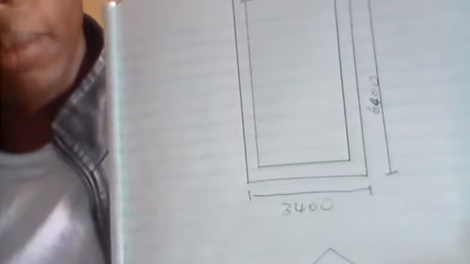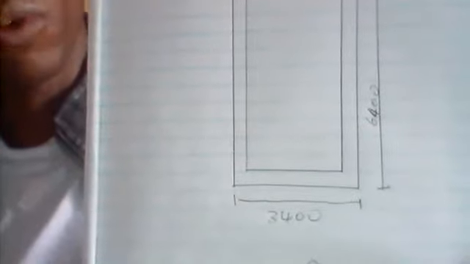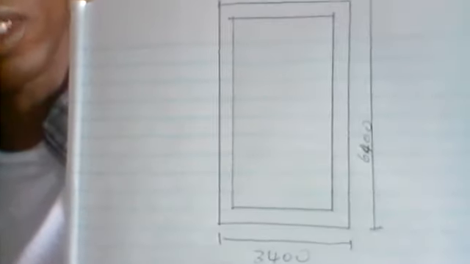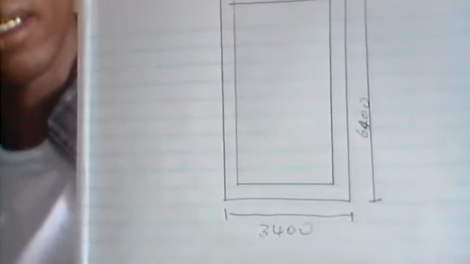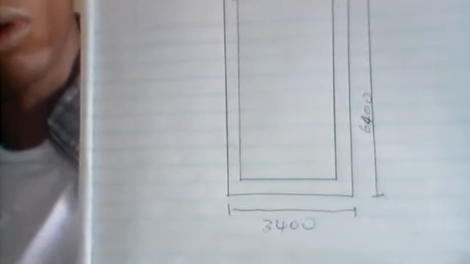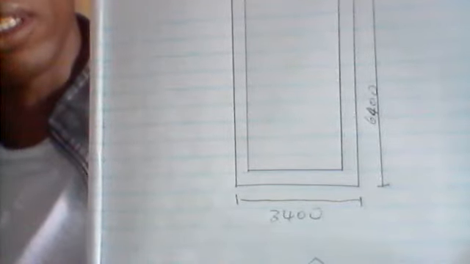Ladies and gentlemen, here is the floor plan of our foundation. It's 6.4 and 3.4, even though it's not up to scale, but I think you can see it. It's 6.4, the length, times the breadth. The length is 6.4 and the breadth is 3.4.